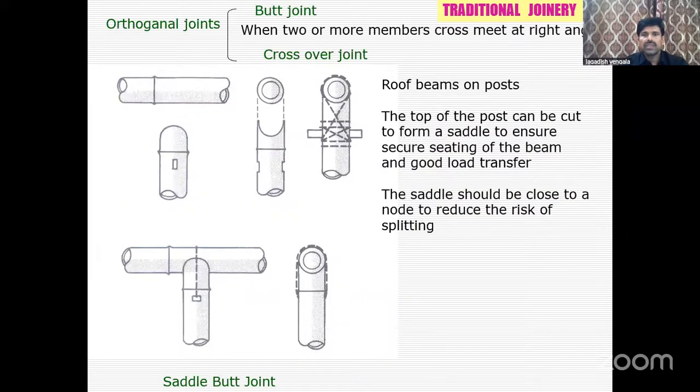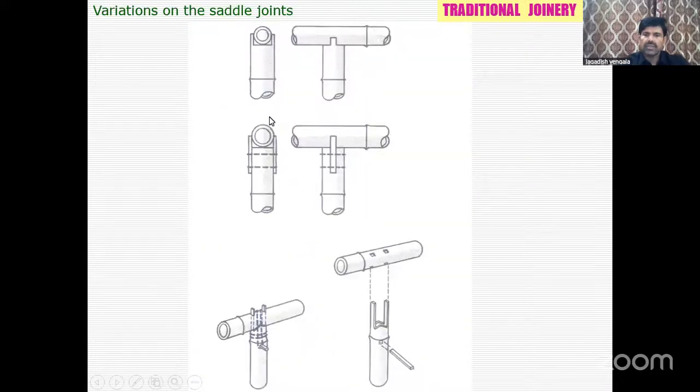Yeah, this is the crossover joint or fish mouth joint, which is very common, very famous, particularly in the northeastern part or many other places. This fish mouth joint or crossover joint is most common. You can see the fish mouth here.